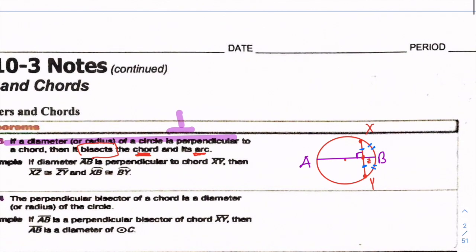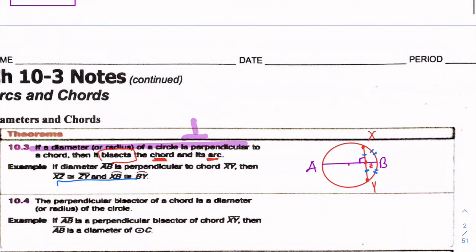Which is basically what they're trying to say right here. So ideally, XZ is congruent to ZY. The segment and also arc XB is congruent to arc YB. These are both true as long as the diameter is perpendicular to the chord.